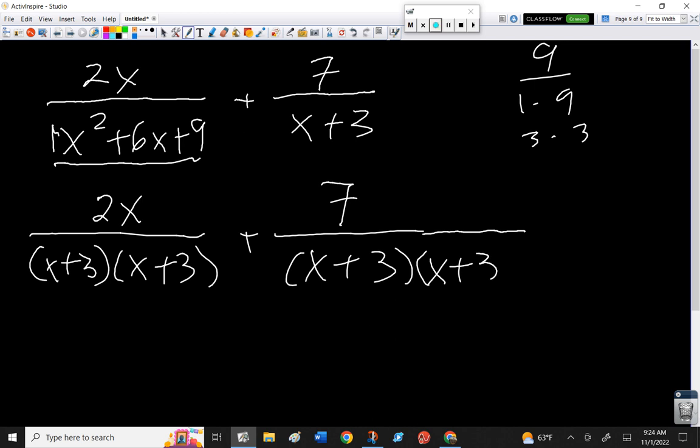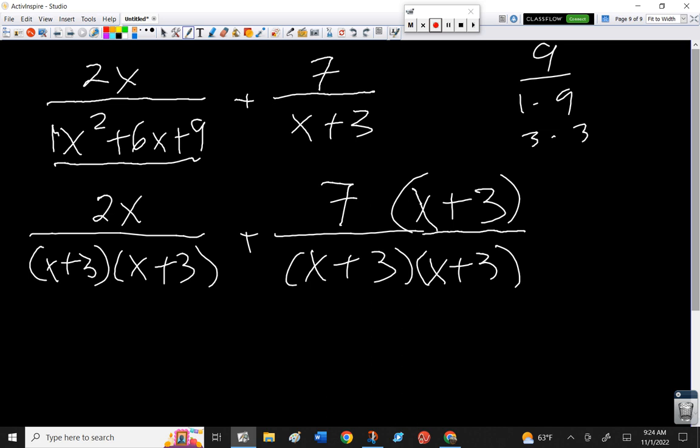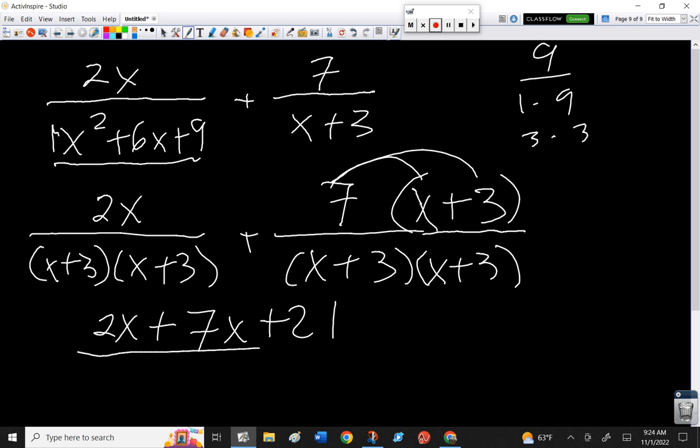So, instead of using the shortcut, I'm going to put x plus 3 over x plus 3, like they did in elementary, but now they have common denominators. So what I'm going to do is now write 2x plus, and now I'm going to use distributive property here to get 7x plus 21. All of this is going to be over x plus 3 and x plus 3.